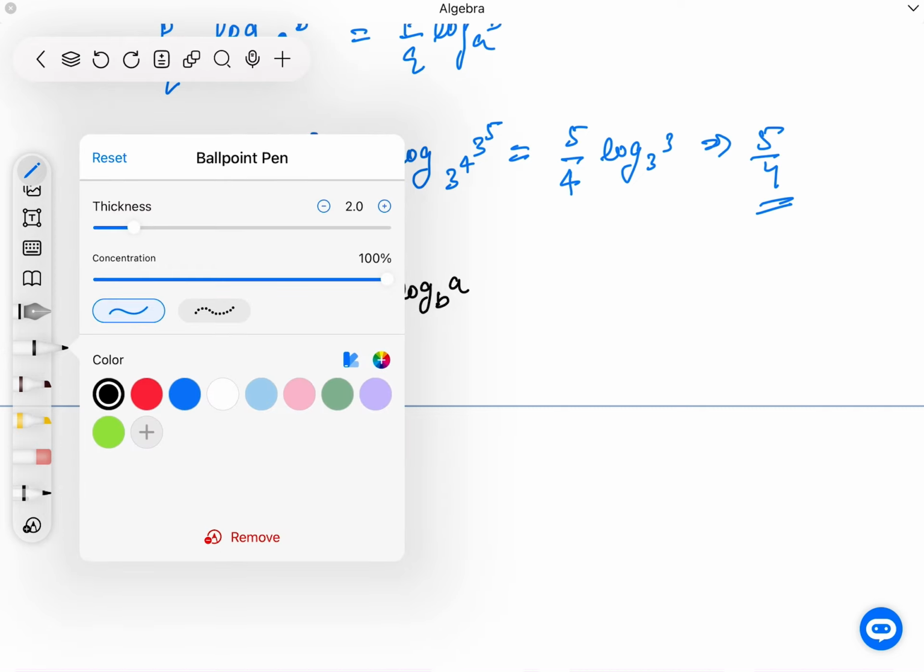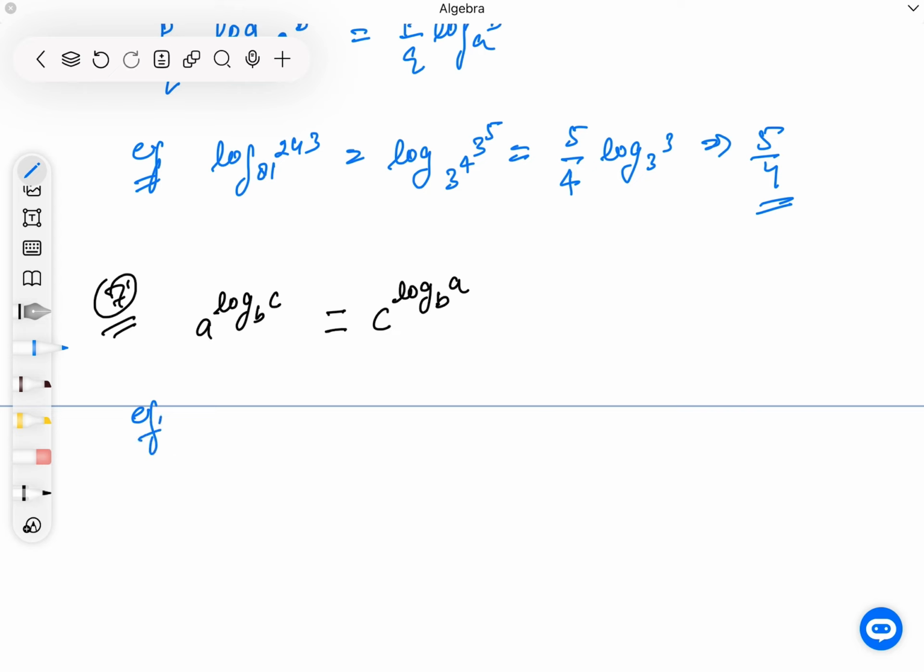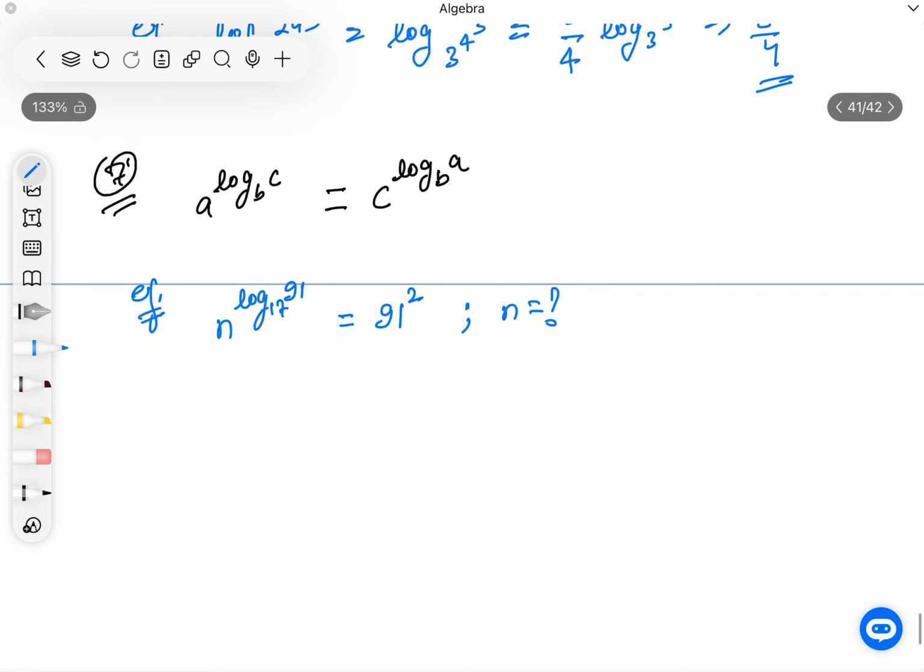Okay, let's see an example. Let's say you are given that n to the power of log of 91 base 17 is 91 square, and you need to find n. Just as we discussed, you could replace n and 91. So you could write 91 to the power of log of n with a base of 17, right? These are interchangeable.